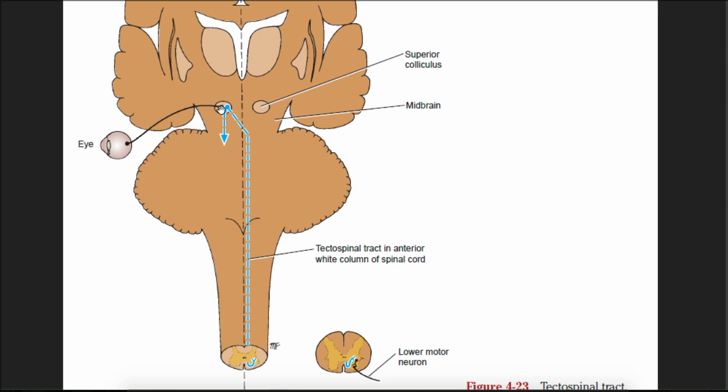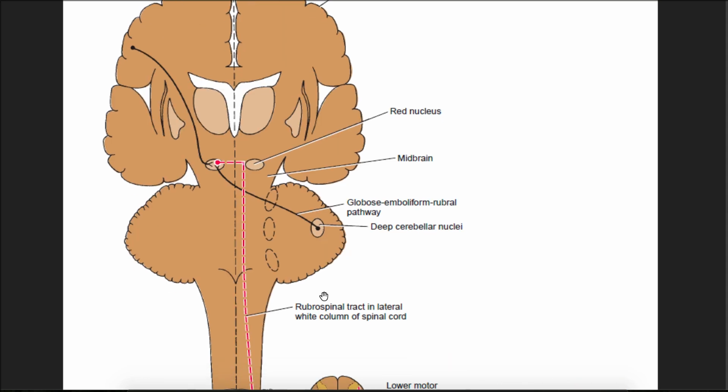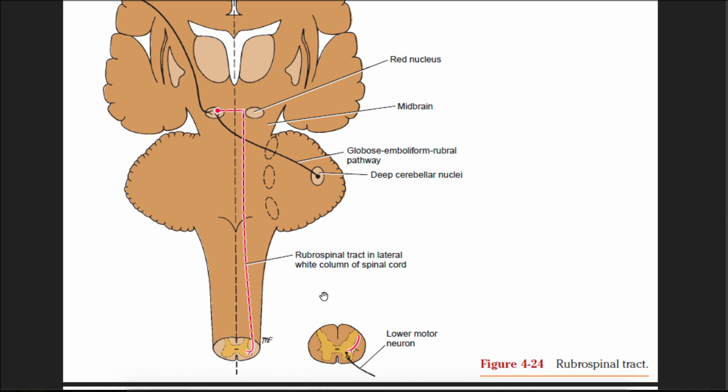From the superior colliculus, fibers of this tract will cross to the opposite side and they will then descend as tectospinal tract in the white column of spinal cord. And they will influence reflex activity of the eye and head, and this is only going to be present in the cervical segment of the spinal cord.